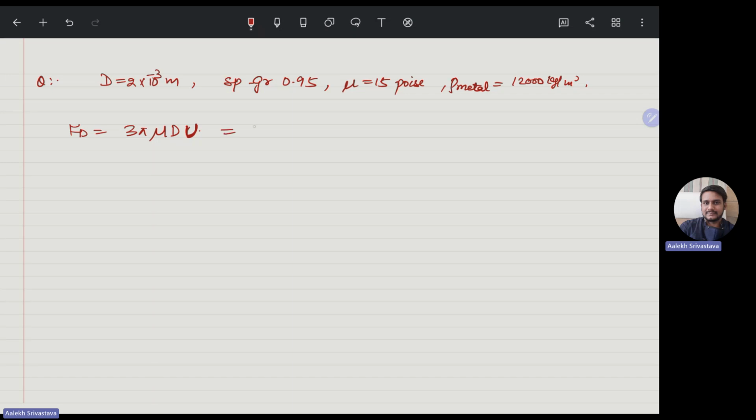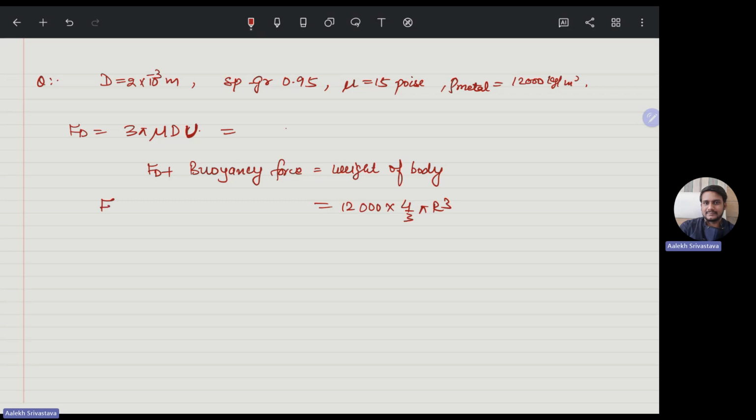Ultimately, as you know, drag plus buoyancy force is equal to the weight of the body. Here the weight is 12,000, that is density, into the volume, 4 by 3 pi r cube, into 9.8.